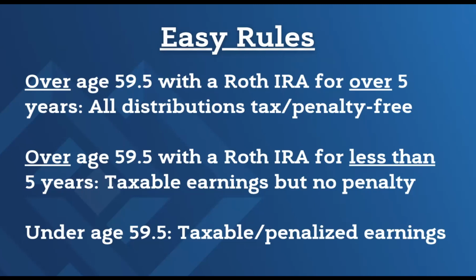And lastly, if under age 59 and a half, the distribution of earnings is subject to income tax and a 10% penalty. There are a handful of ways to avoid the 10% early withdrawal penalty when distributing earnings before age 59 and a half, and we'll cover those during the early retirement distribution strategy lesson.